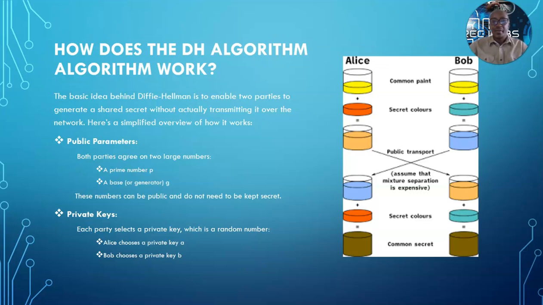RSA will select a private key A, and then Bob will select a private key B. But there's a condition for selecting these private keys. Once you select one, in the next communication you can select any other key, but it must be tied to this condition of the prime numbers that is here.